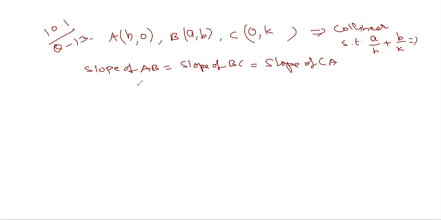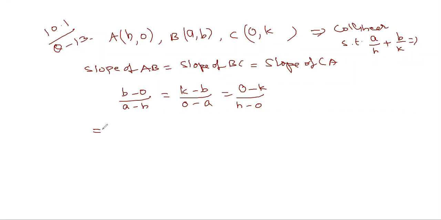So slope of AB will be equal to b minus 0 upon a minus h, slope of BC will be k minus b upon 0 minus a. Slope of CA will be 0 minus k upon h minus 0.